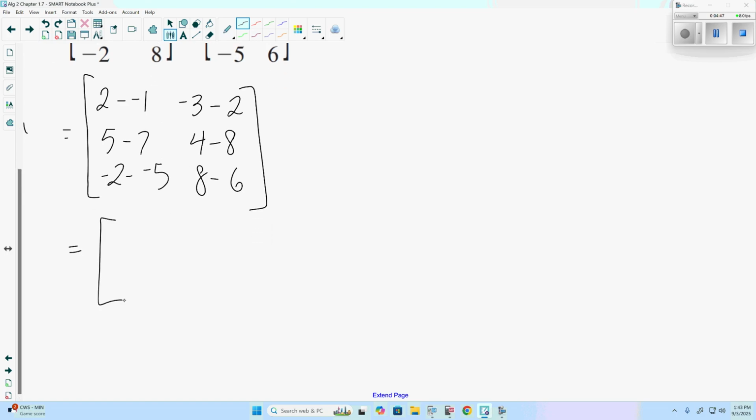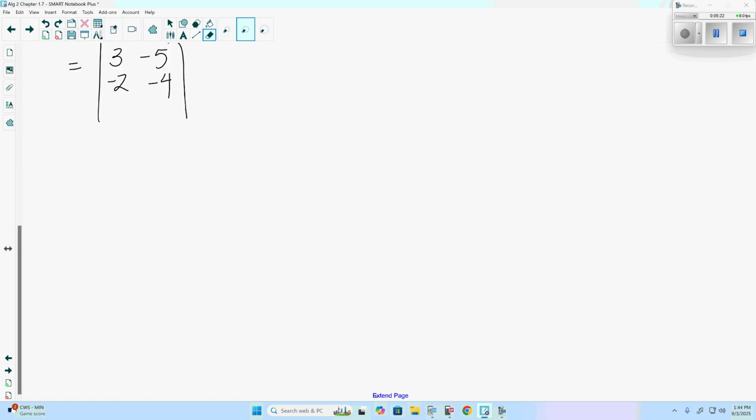And I believe the question is, why can't we just go straight to actually doing the subtraction? There's nothing stopping you. If you feel comfortable going straight to 2 minus -1, which is the same as 2 plus 1, which gives us 3, that's fine. Negative 3 minus 2 is negative 5. 5 minus 7 is negative 2. 4 minus 8 is negative 4.